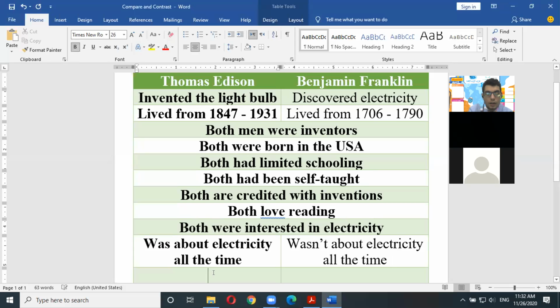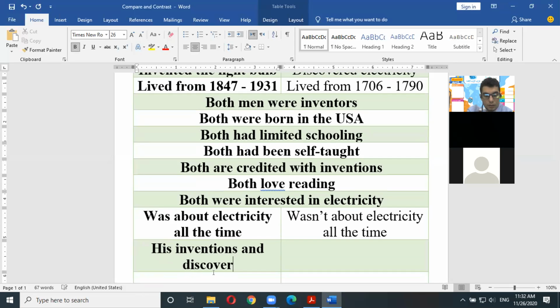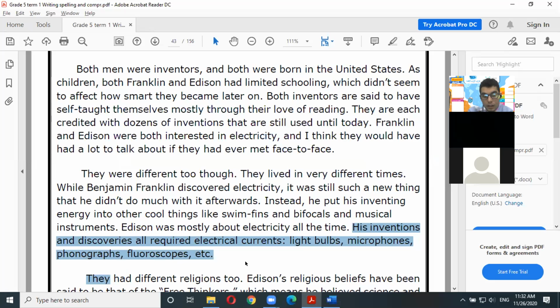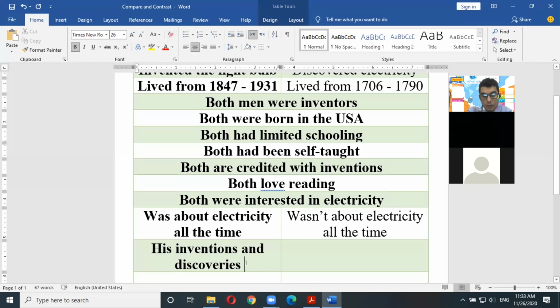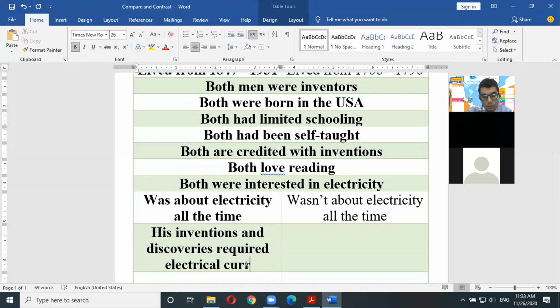So his inventions and discoveries were about, we said, electricity. What did they require? Electrical current. What's an electrical current? It required power.